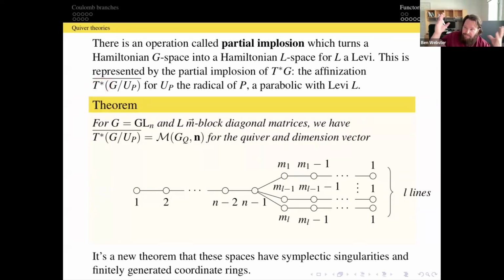That's a big algebraic variety with a bunch of functions on it, but it's not affine. So instead, you take all the functions on it, take Spec of that, and you get a copy of T*(G/U_P), but you also get a bunch of other points. In particular, that affinization is not smooth.